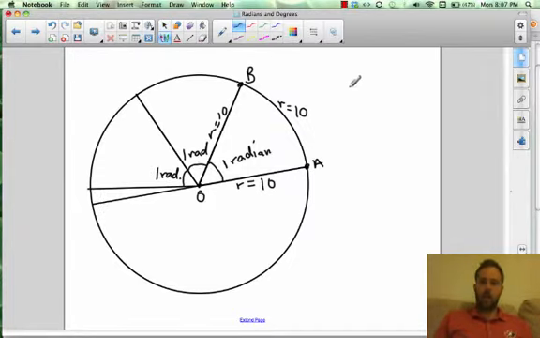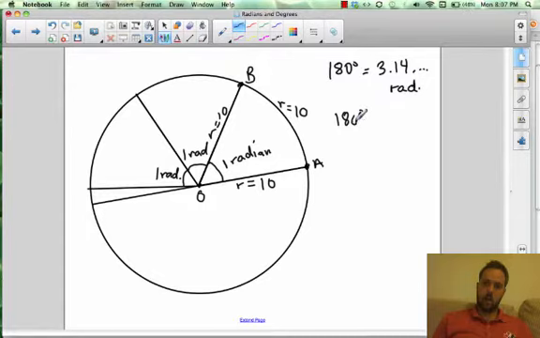And in fact, 180 degrees is exactly 3.14. You can carry on with as many decimal places as you want. 3.14 radians. So we can simplify it by saying that 180 degrees is exactly equal to pi radians.